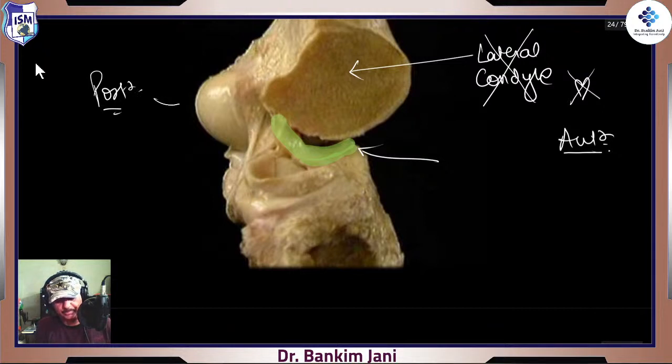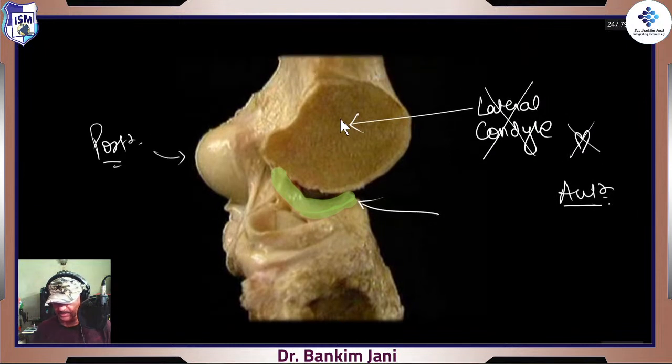See the prominence. So this one is anterior, this one is posterior, and on tibia it is connected anteriorly, so it is anterior cruciate ligament. Done. And then all the way it goes back and connects to the posteromedial aspect, and to be very specific, the superior and posteromedial aspect of the lateral condyle.